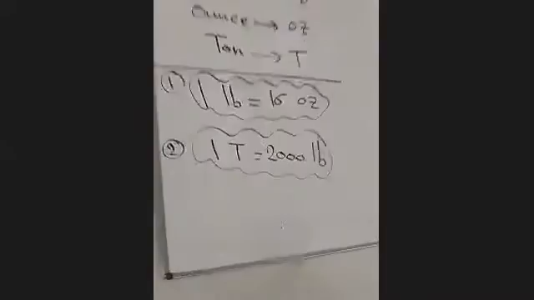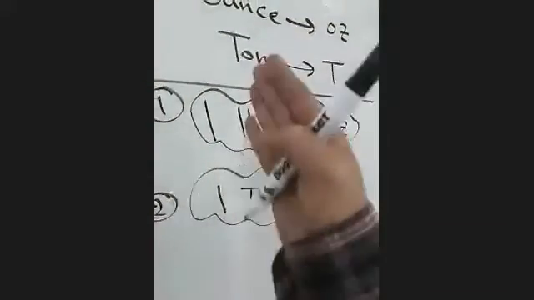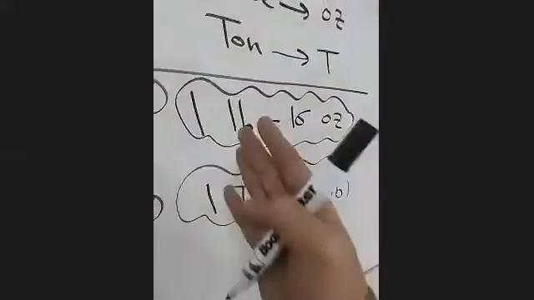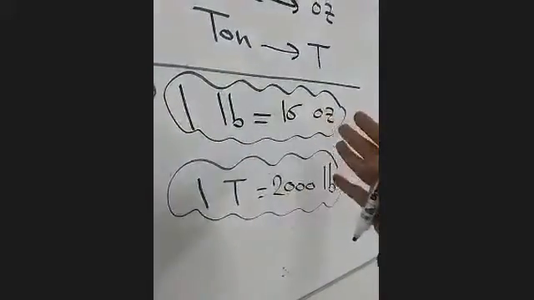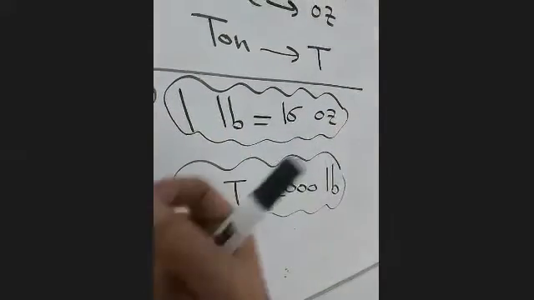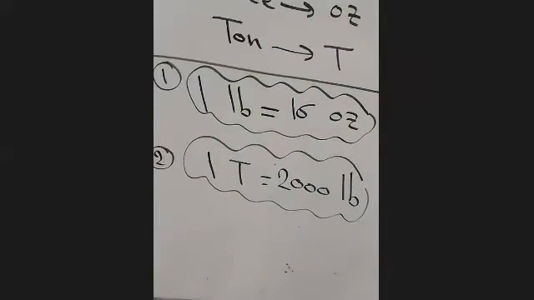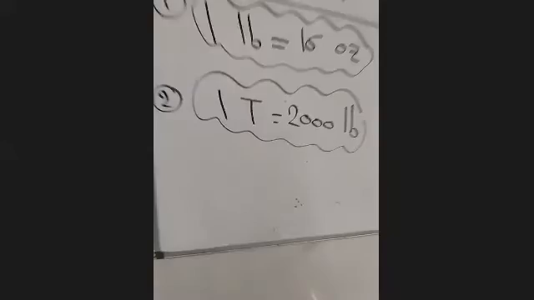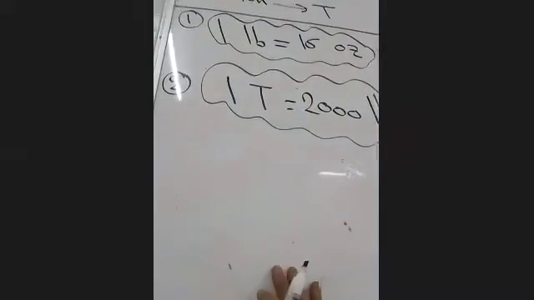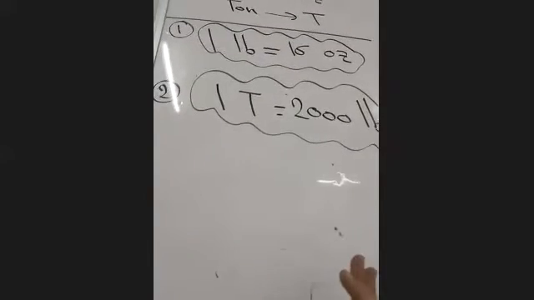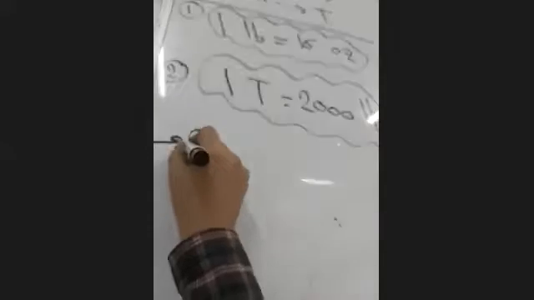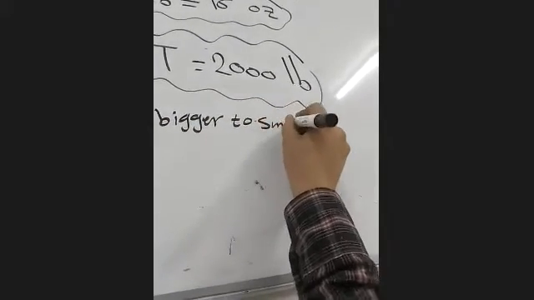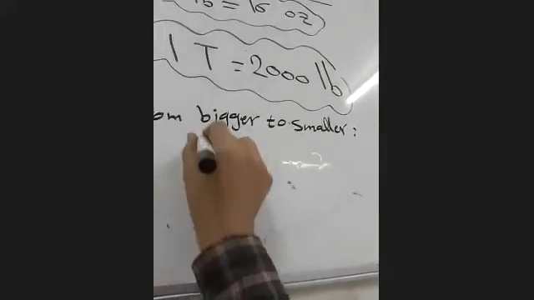Now, what we did in the previous lesson, we said the unit to the left is bigger than the unit to the right. Means the 1 pound is bigger than the 1 ounce. The pound is bigger than the ounce. The ton is bigger than the pound. And we said in the previous lesson, our way to convert between them, we use either multiply or divide. To turn from bigger to smaller, we use multiply.